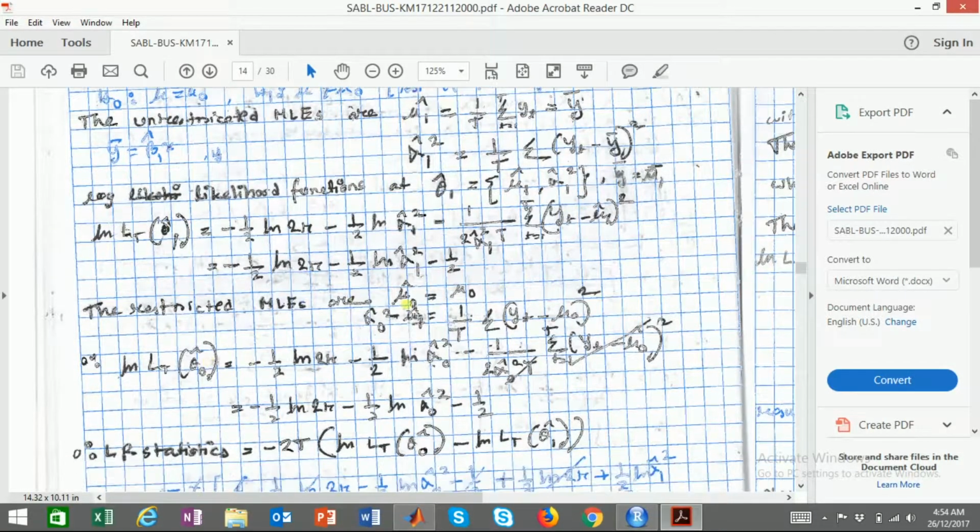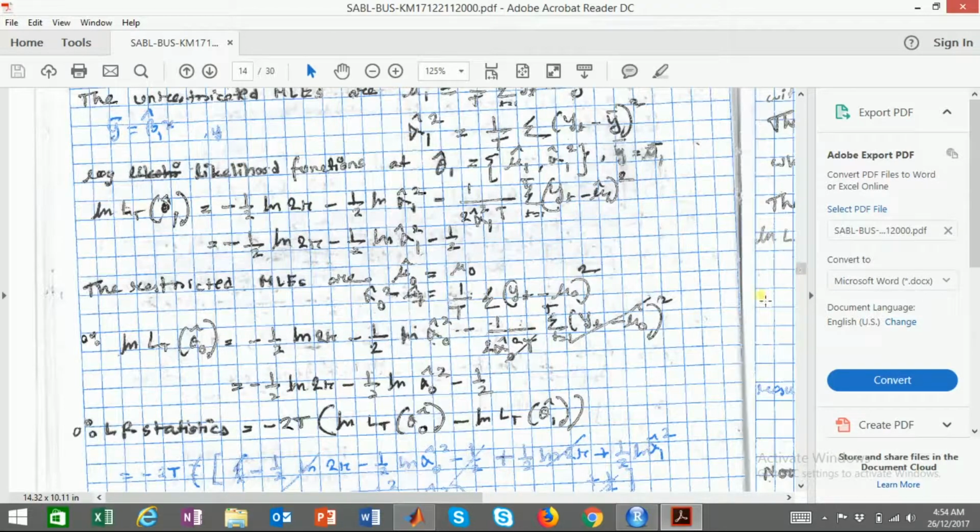In case of the unrestricted maximum likelihood estimator, mu naught, sigma square, yt minus mu naught whole square, and here the last term again becomes 1, because sigma square equals 1 by t summation yt minus mu whole square, same as this. So this one crosses out with this, including the t, so we are remaining with half.